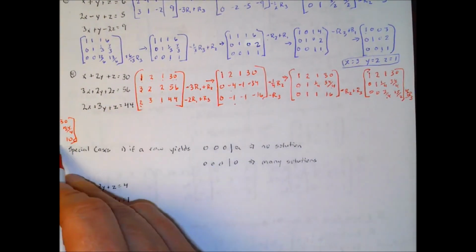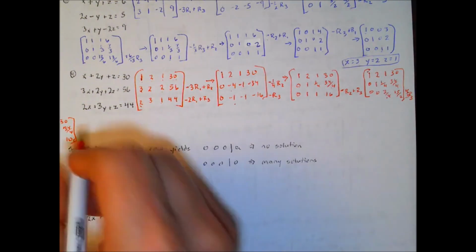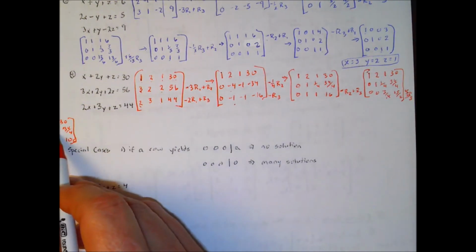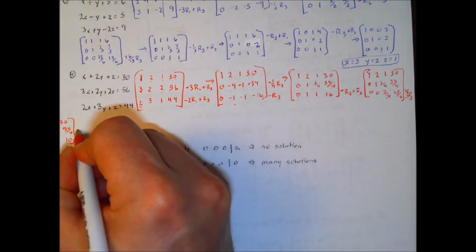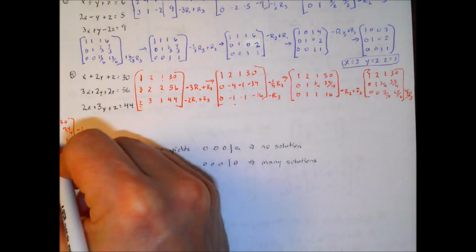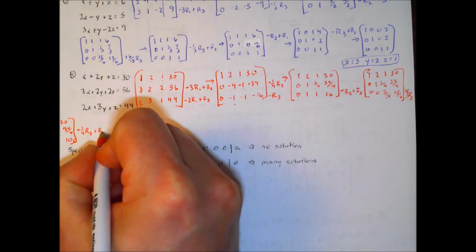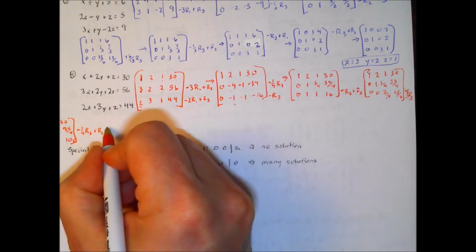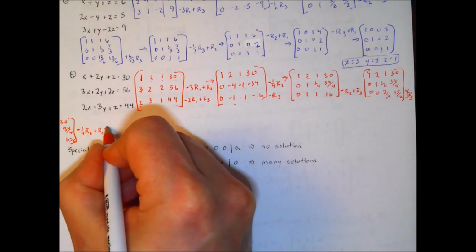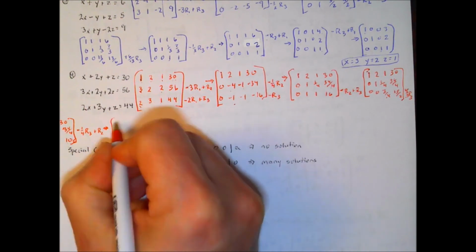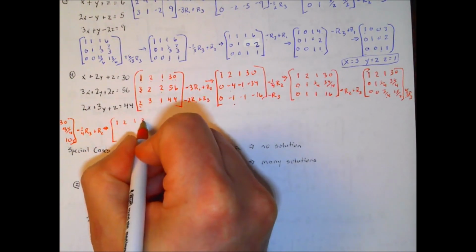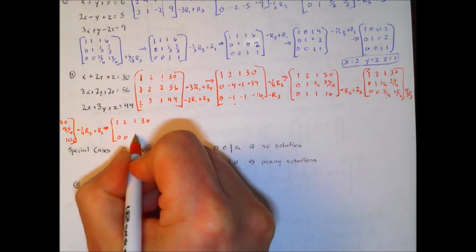Let's get a 0 here. So I'm going to take negative 1/4 of this number, of R3, and add it to R2. Okay, so that will give me, didn't do anything to the top or the bottom. Okay, so negative of this is 0, plus 0 is still 0.